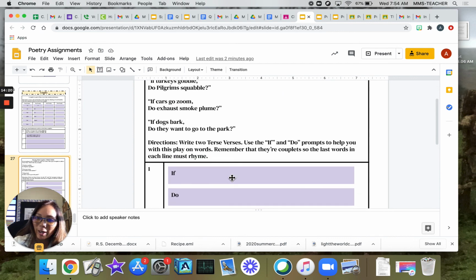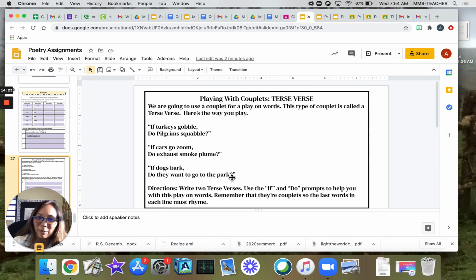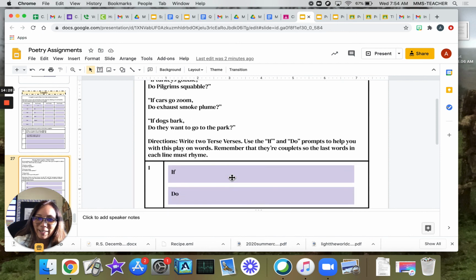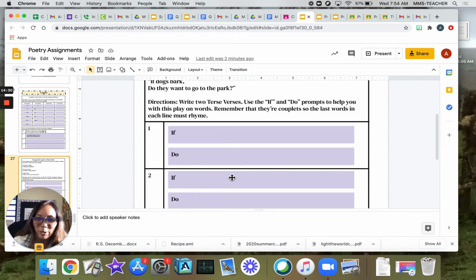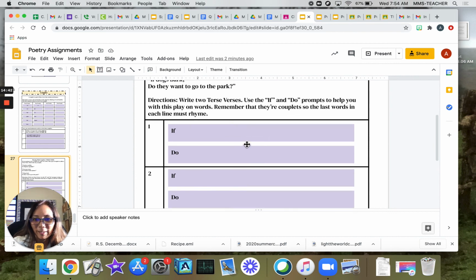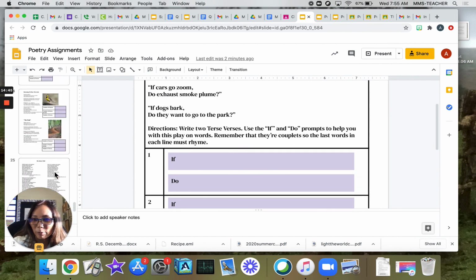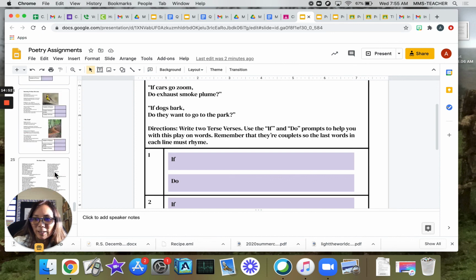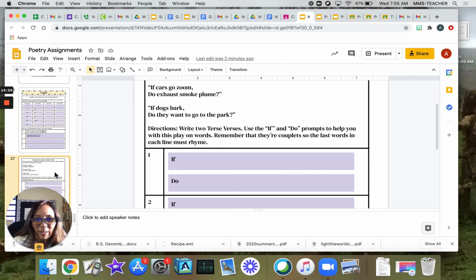Try to be creative and have some fun, and think of some terse verses that would be creative, funny, and show your humor. Remember that you're writing a couplet and the last words in each line must rhyme. That's it for our lesson for today. Remember, you have to do slides 23, 24, 25, 26, and 27. Thank you very much.